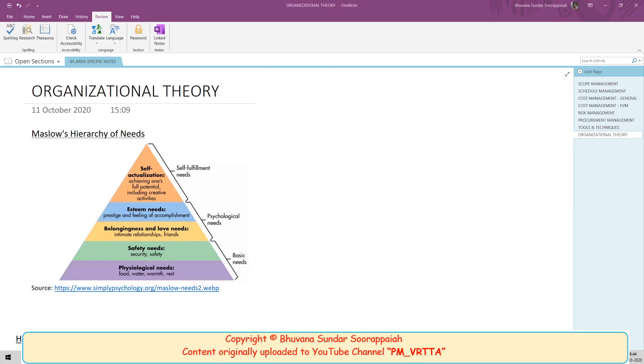So in Maslow's hierarchy of needs, basically they say every human being has 5 different levels. It's a pyramid, right? Maslow's pyramid also they call it. Every human being has 5 levels of needs. Unless you satisfy the bottommost level, people always move from the bottom of this pyramid or hierarchy to the top.